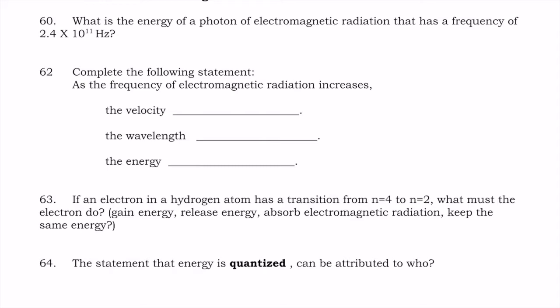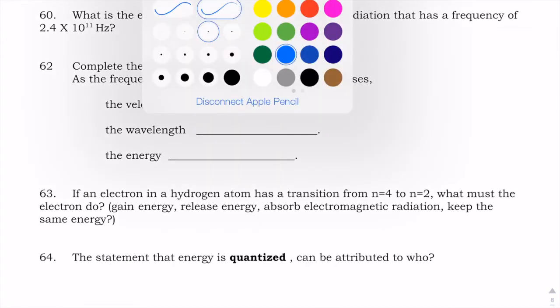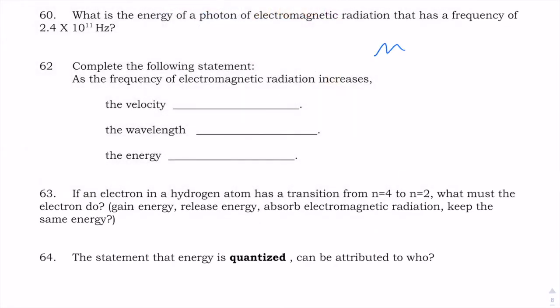If you remember, photons are produced when light comes in and hits an electron and it jumps out to a higher energy level. When it falls back, it releases that energy, and that energy is the photon.